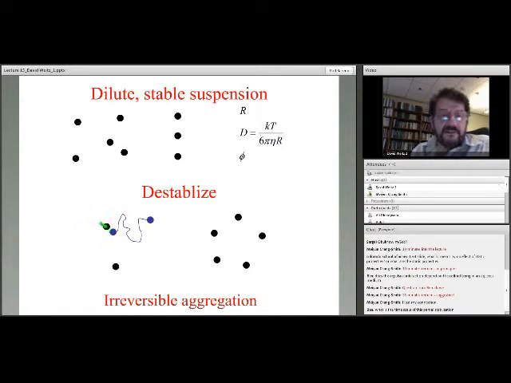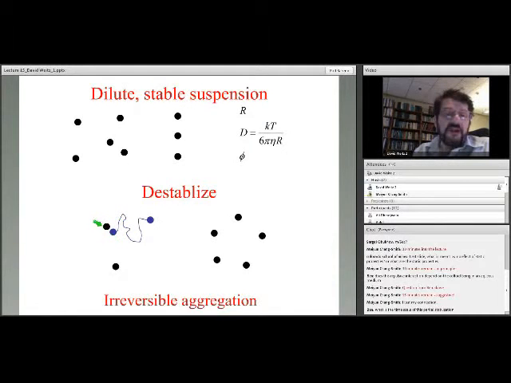If there is no repulsive barrier, then they'll stick immediately when they come close together, and the system will destabilize. Then the rate of destabilization just depends on the likelihood that these two particles collide, and that's really a problem in diffusion, not a problem in colloid stability.